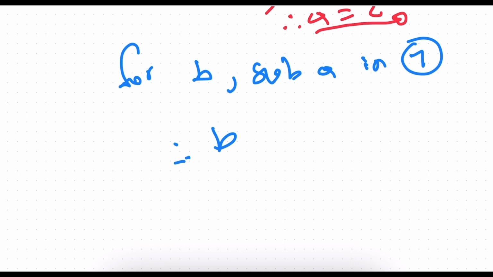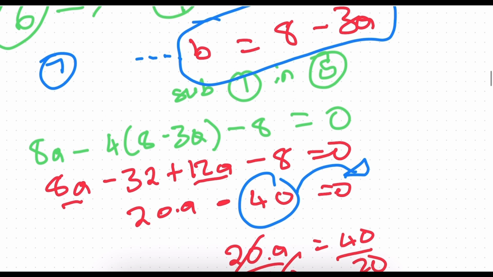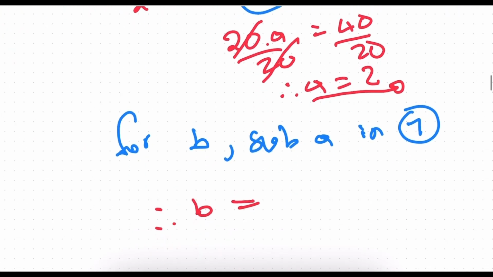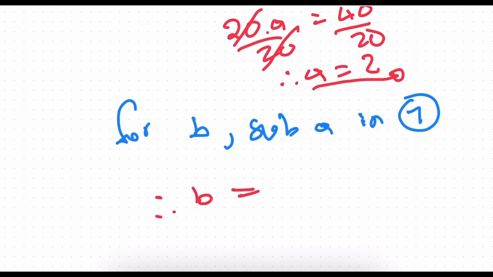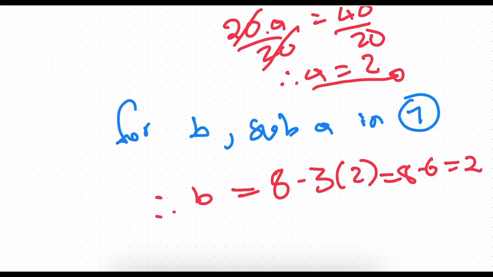Therefore, b is equal to, what was b equivalent to? 8 minus 3a. So it's 8 minus 3 times 2. That says 8 minus 6, which is equal to 2 again. Oh, we're getting 2's here, hey?